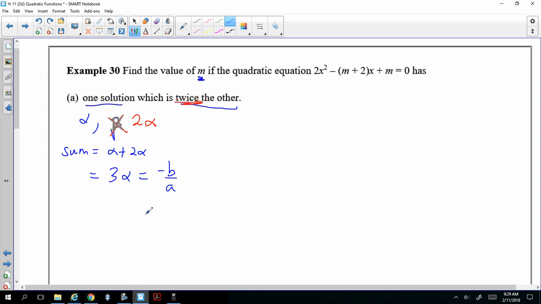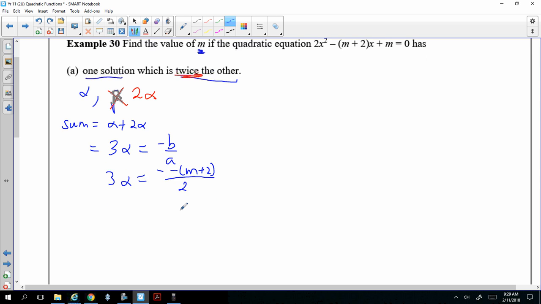Right? And double minus is plus m plus 2 over 2. And then to find alpha, you divide by 3, m plus 2 over 6. Now, we cannot find m because we've got 2 polynomial. Let's call that equation 1. We're going to solve simultaneous equation.